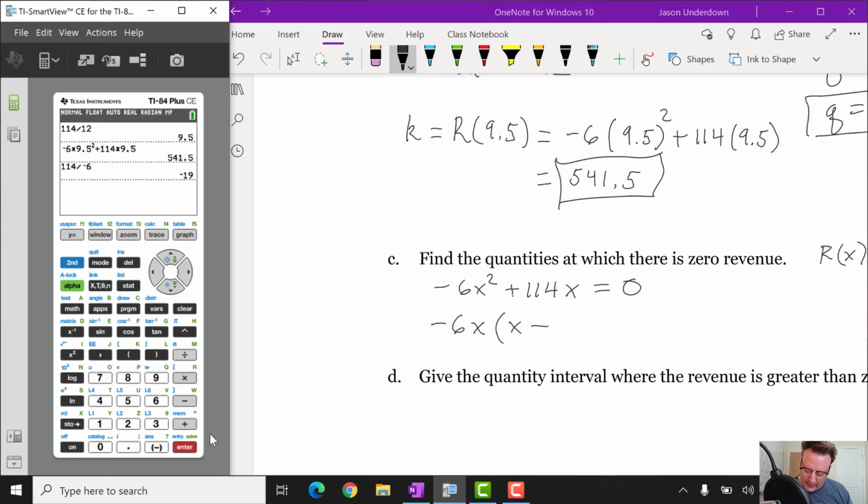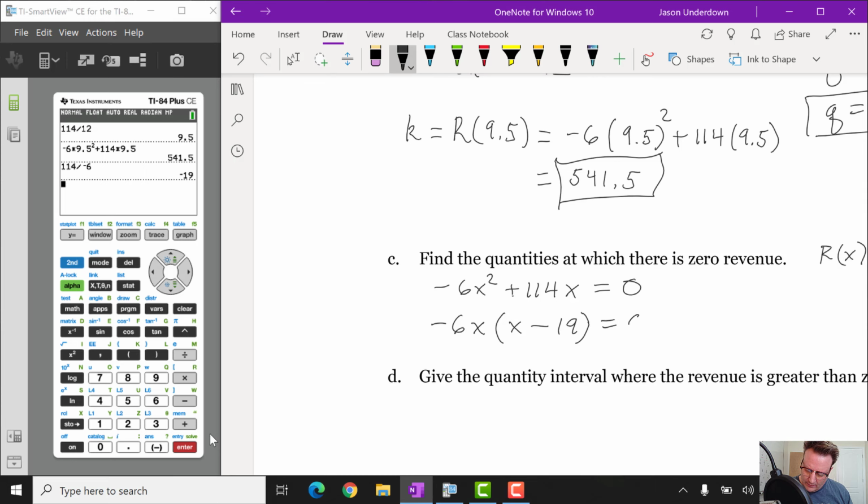So yeah, x minus 19 here. And so we get either x equals 0 or 19.